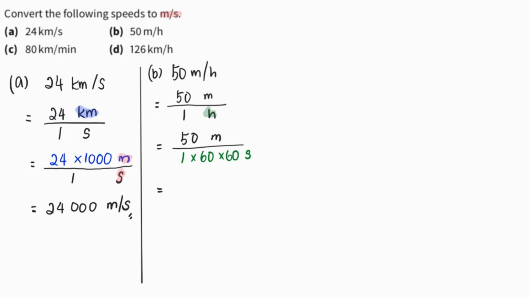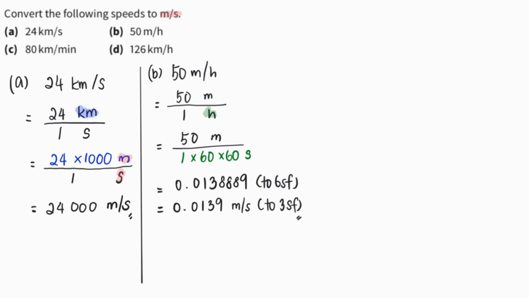Okay, next thing would then be 50 divided by 60 times 60, and that will be 0.0138889 to 6 significant figures, followed by the final answer 0.139 meter per second. This is to 3 SF.